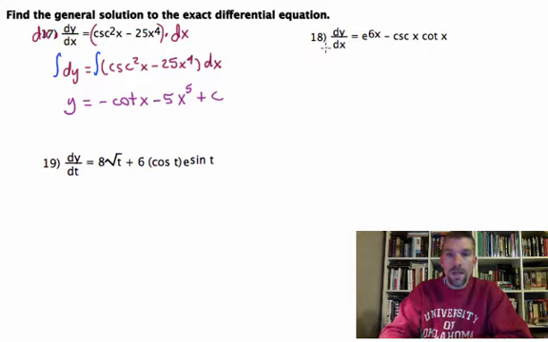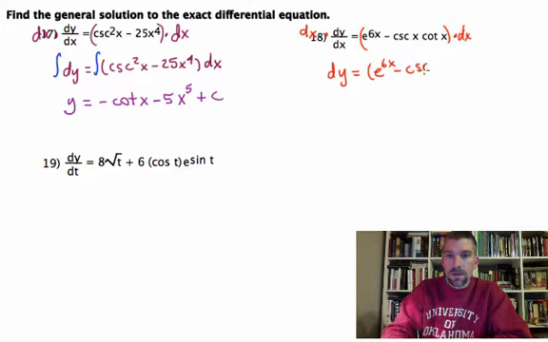Well, what about over here on 18? We're going to start off with the same thing. We're going to multiply both sides by dx. And when you multiply the left and the right by dx, you multiply everything by dx. So what I have is dy equals e to the 6x minus cosecant x cotangent x dx.